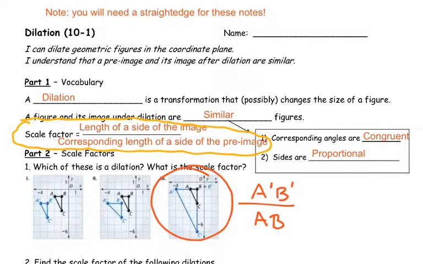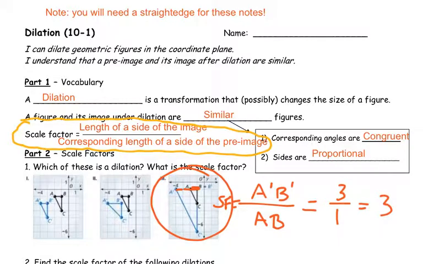So that will find the scale factor. So A prime B prime has a length of 3 units. 1, 2, 3. So that's 3. And AB has a length of 1. So the scale factor is 3 divided by 1, which is 3.